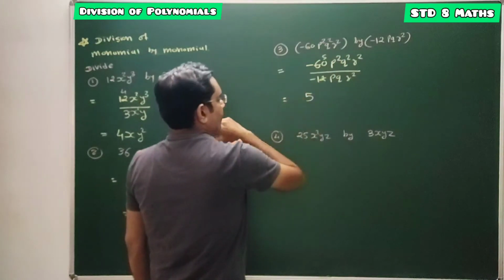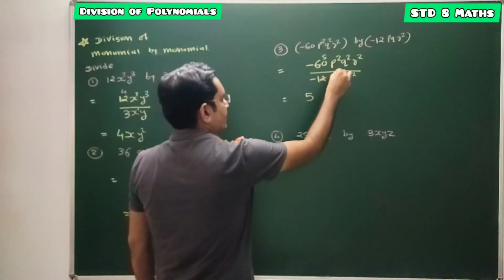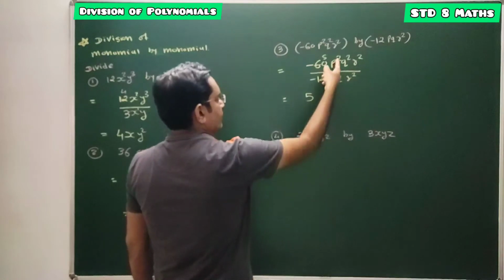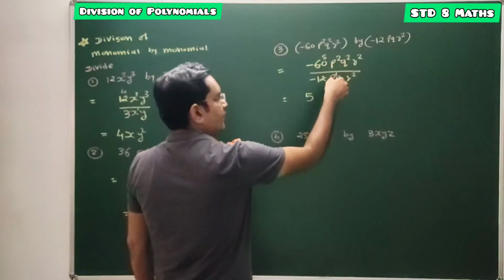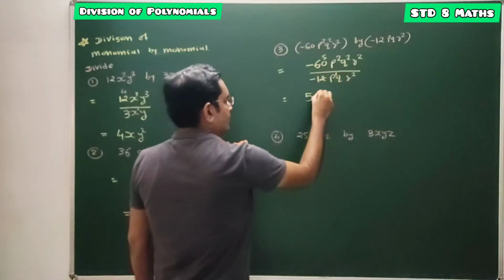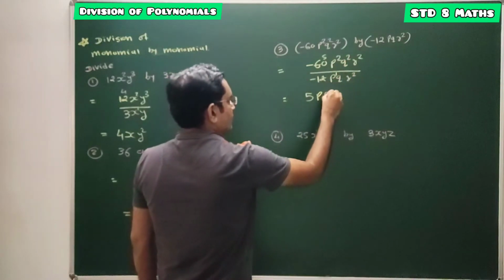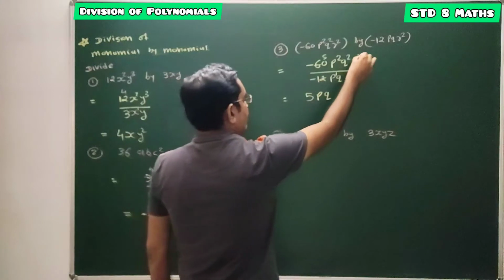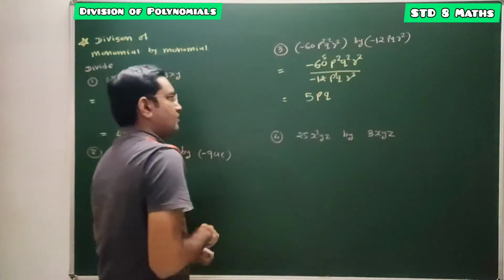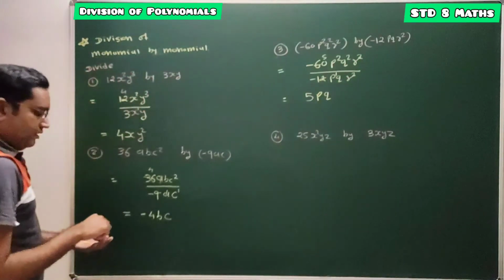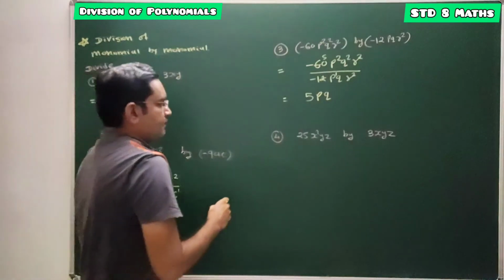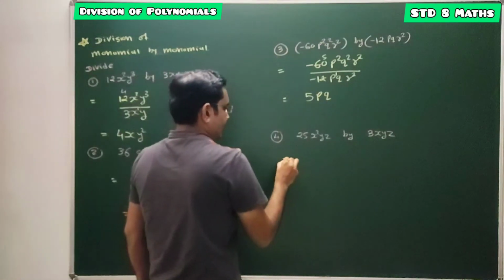So our answer is 5 p square by p, so p raised to 1 power is there, 2 minus 1. p into p divided by p, 1 p is cut, so p raised to 1 will be there. Same way q square by q, so q will be there. r square cut. So our answer is 5pq. Done.